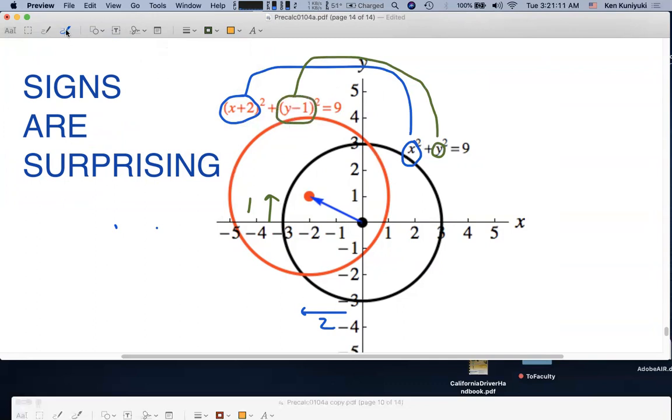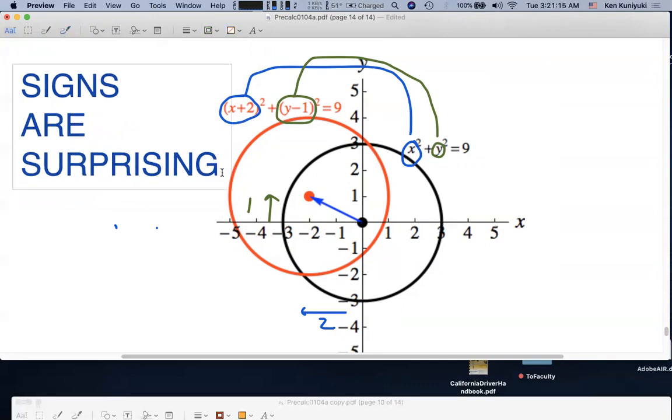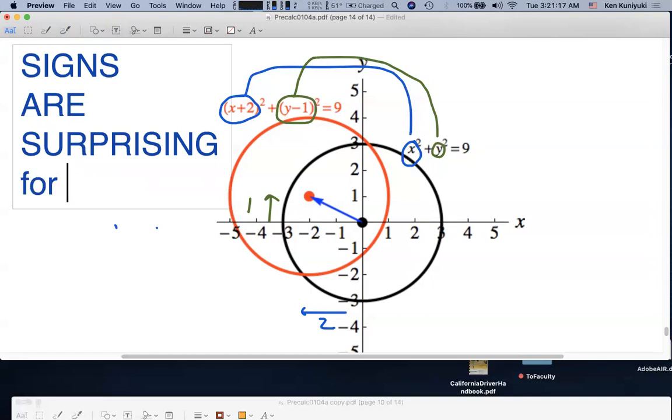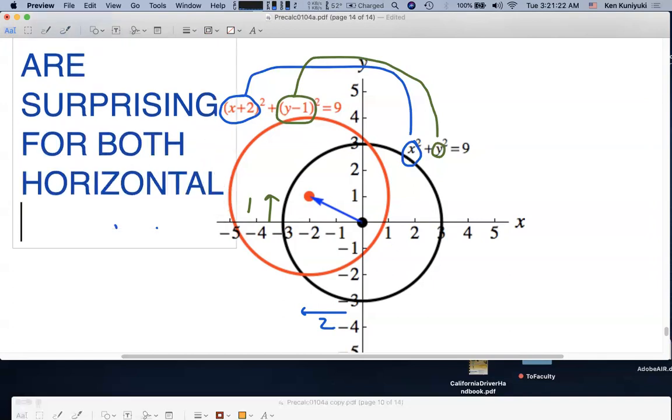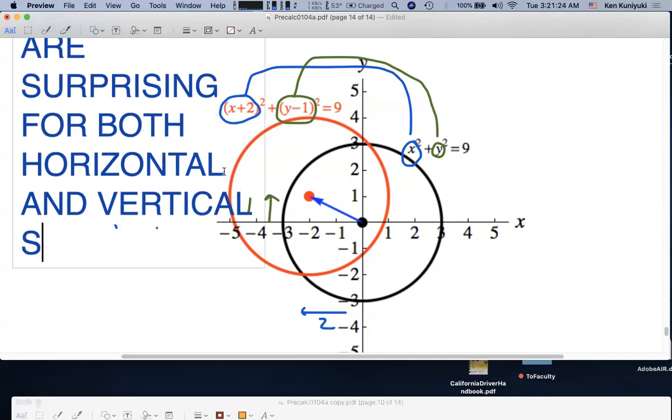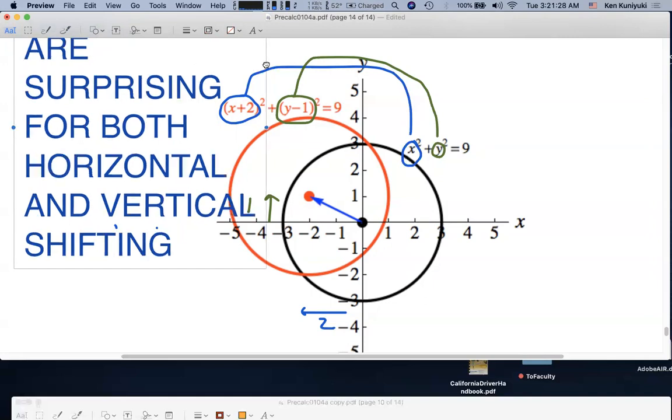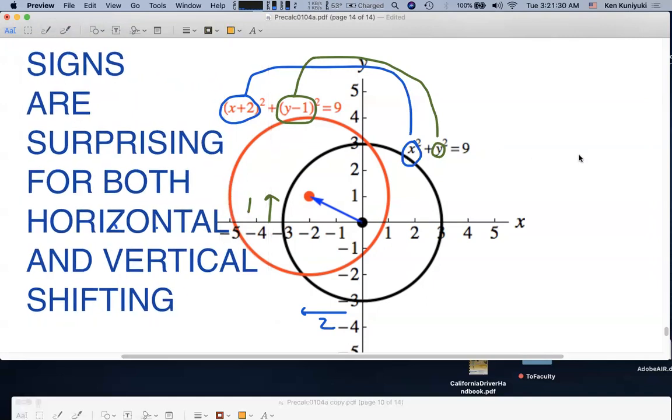So the signs are surprising for both horizontal and vertical shifting. The signs are surprising in both the x group and the y group.